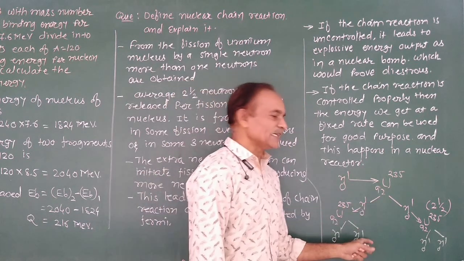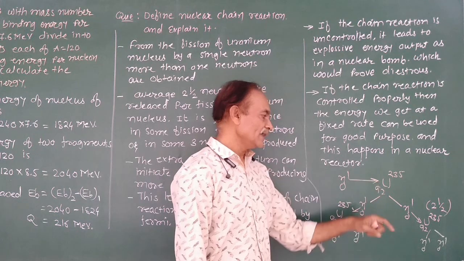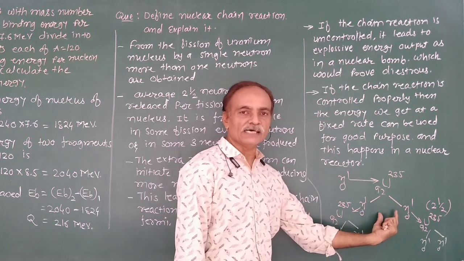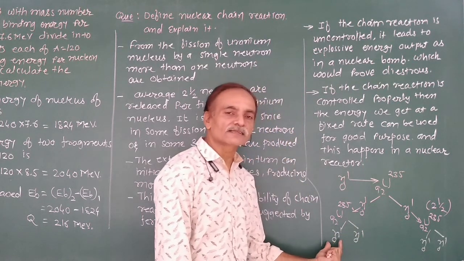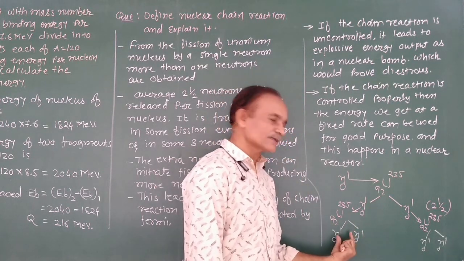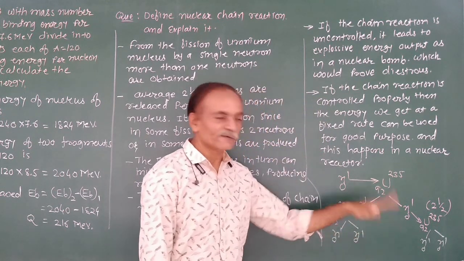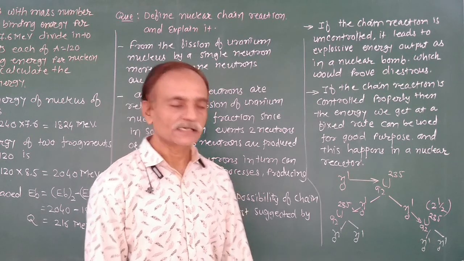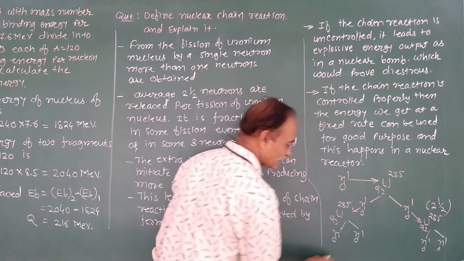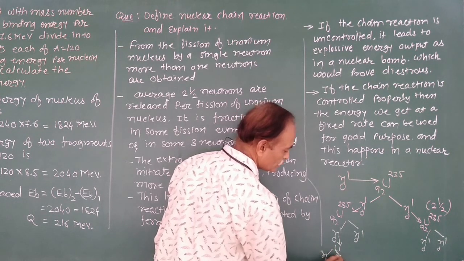So at the first stage, 1 neutron is incident. As I said, 2 neutrons are produced. These 2 neutrons again react with other uranium nuclei and each produces a pair of neutrons. Therefore, in the third stage, we obtain 4 neutrons, actually 5 neutrons. And these neutrons again react with another uranium nucleus, again producing 2.